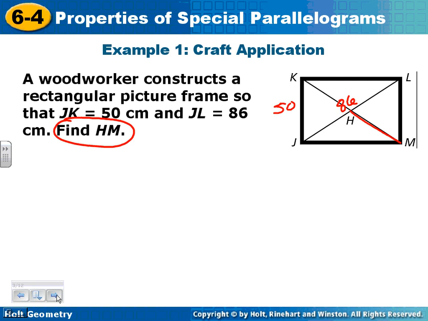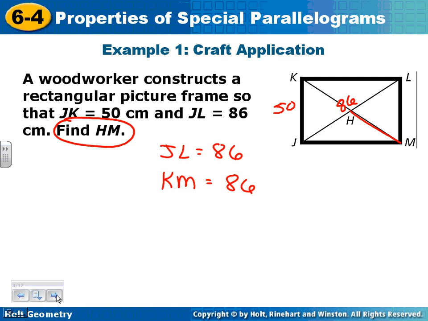Well, first of all, if you know that JL is 86, that's one diagonal. That means the other diagonal, which would be K to M, would also be 86 because it's a rectangle and diagonals are equal.